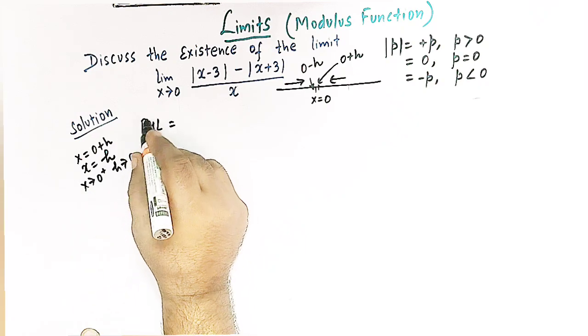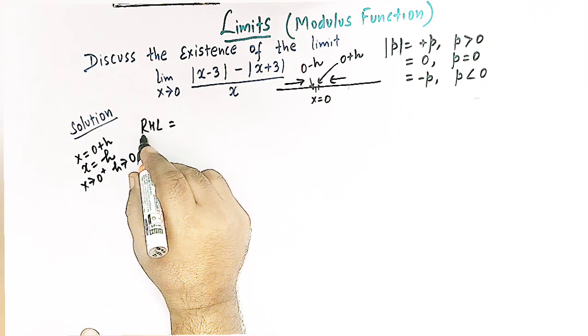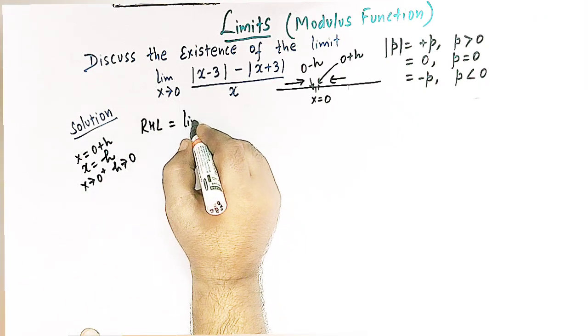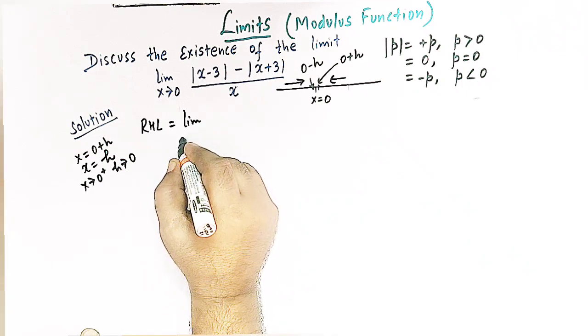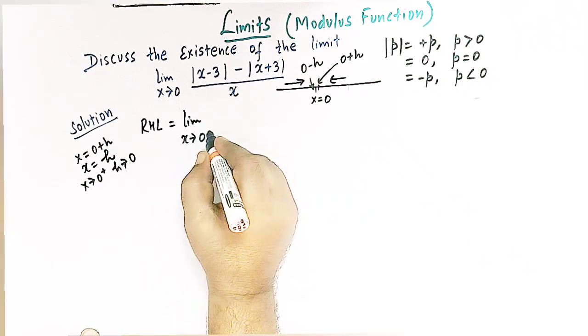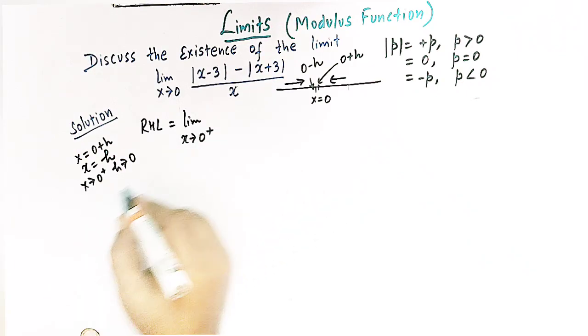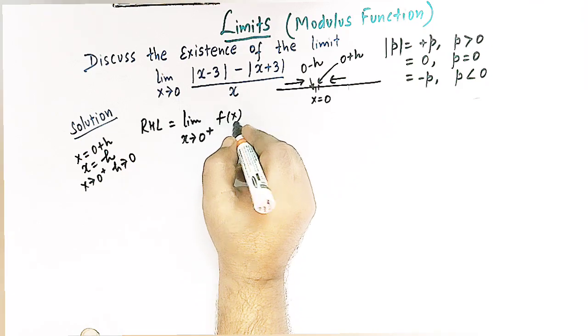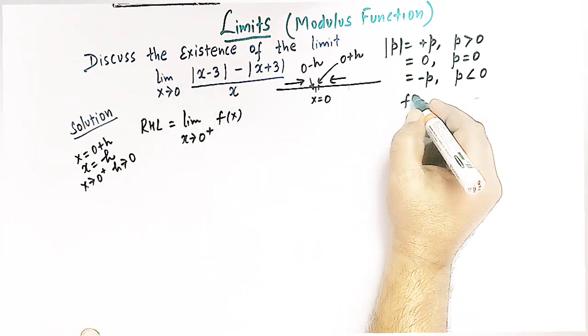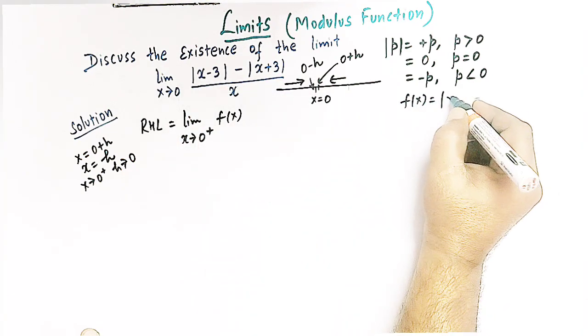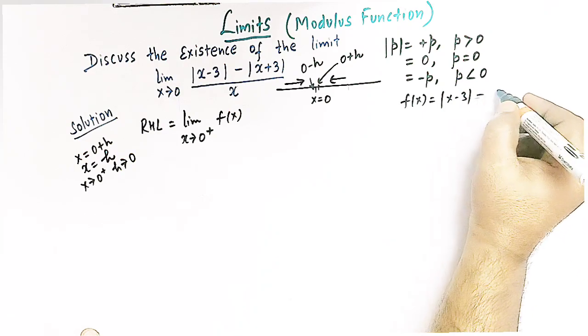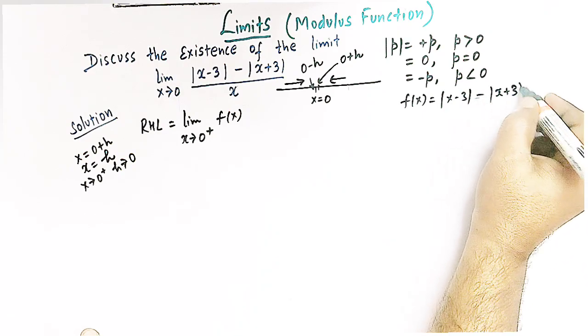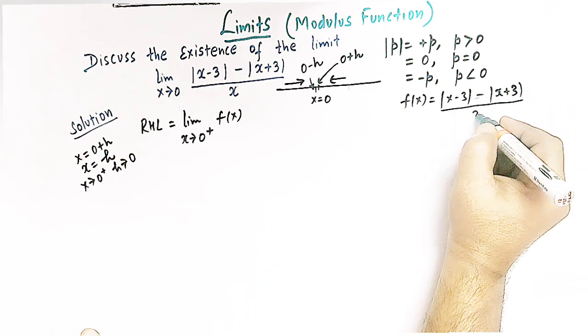So here the notation for right hand limit is given by limit, and here we can write x tends to 0, and here we write a positive sign, and here we have f of x. So our function f of x is given by mod of x minus 3 minus mod of x plus 3 divided by x.